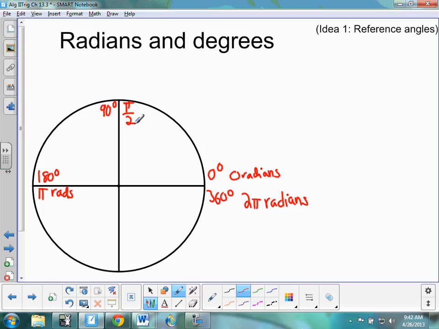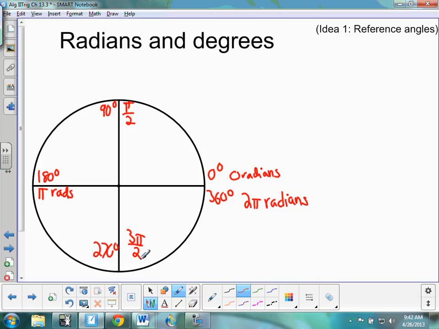What's this point in degrees and radians? 270 degrees. How about the radians? I call it 3 pi over 2.